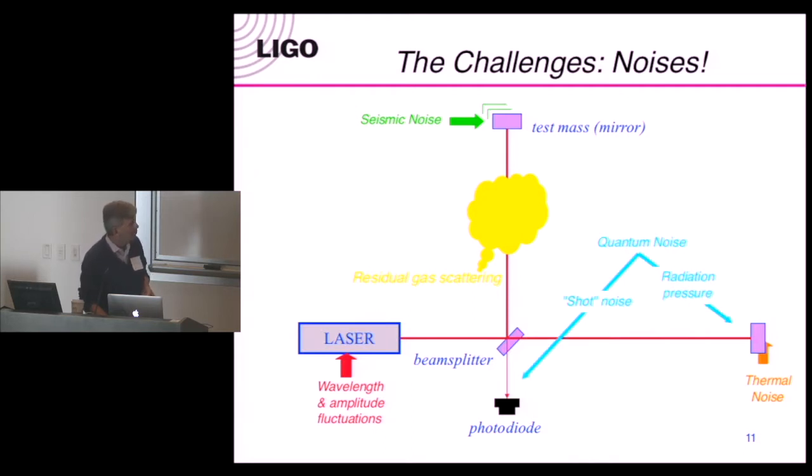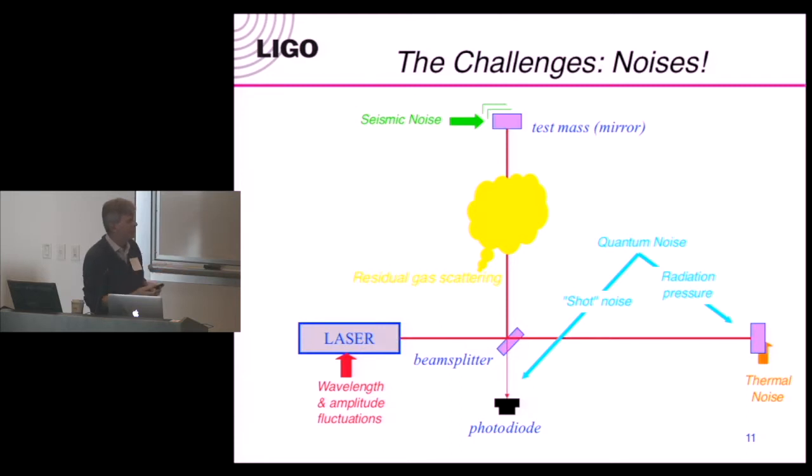Finally, there are two kinds of noise. One I've already explained: shot noise, due to the random arrival times of photons. But the other is interesting. Photons have energy and they have momentum. If you have a lot of photons randomly arriving on the mirror, and the powers in these interferometers are quite large, they actually push the mirrors back and forth and kick them.